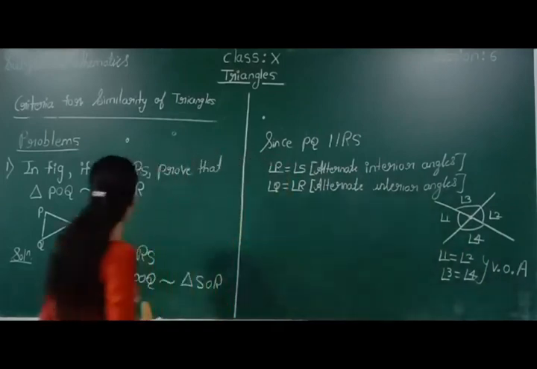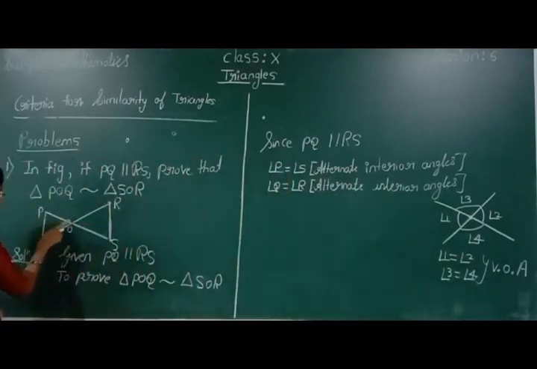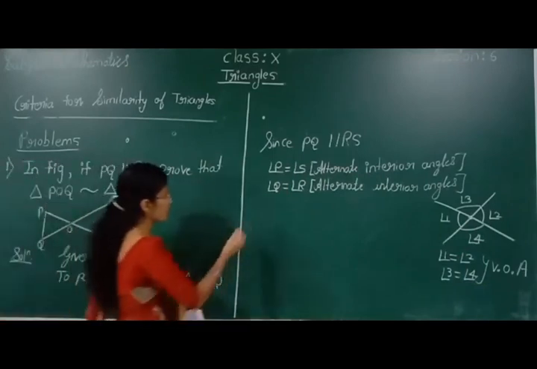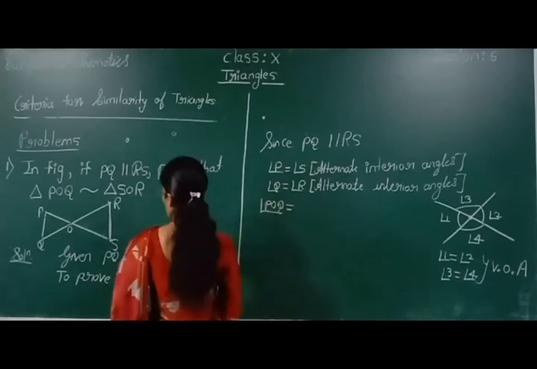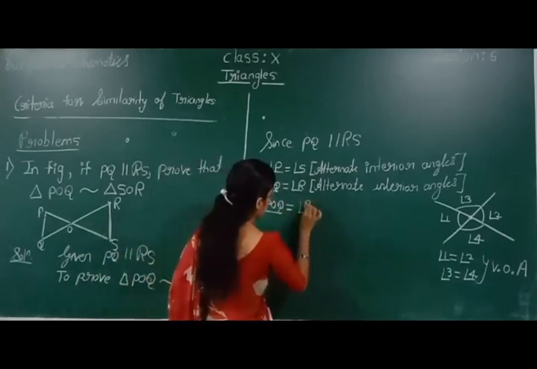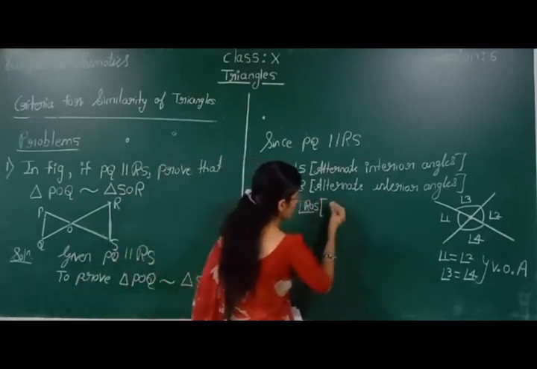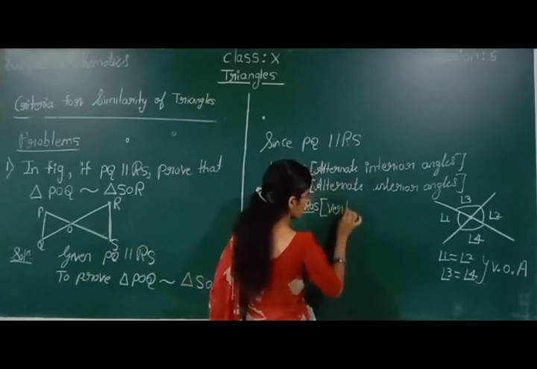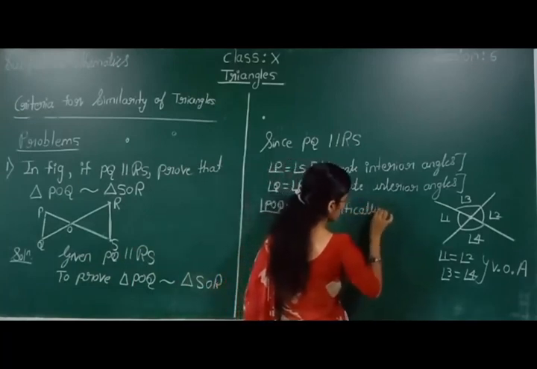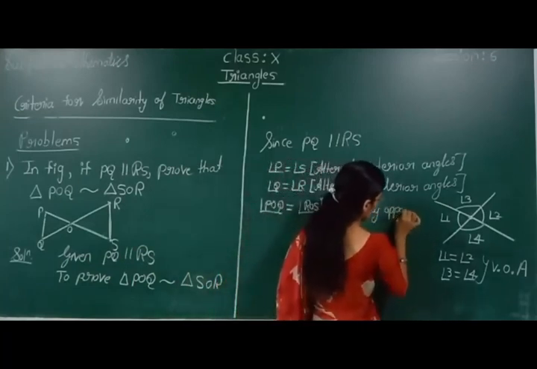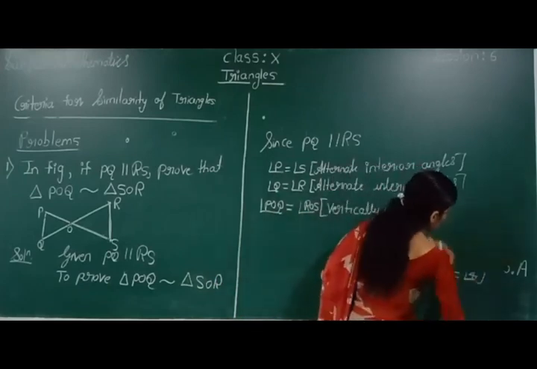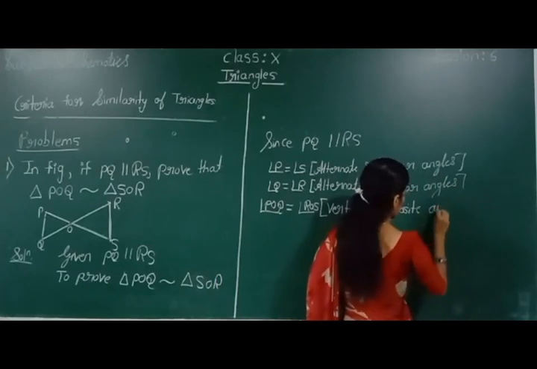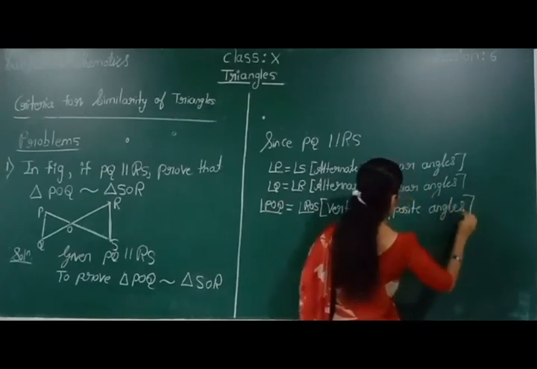So here we can tell angle POQ is equal to angle ROS. These are vertically opposite angles.